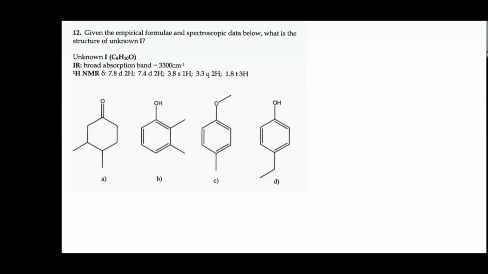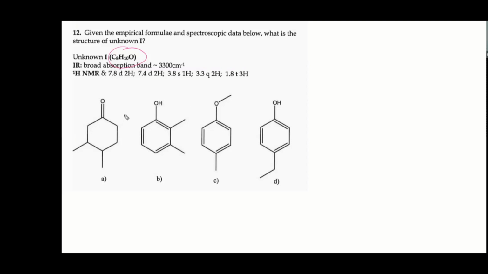So given the empirical formula C8H10O, and the spectroscopic data below, what is the structure of unknown 1? Okay. Now, one thing I will say, don't sit and count the carbons and hydrogens. Don't do that. It's always the place where students go.